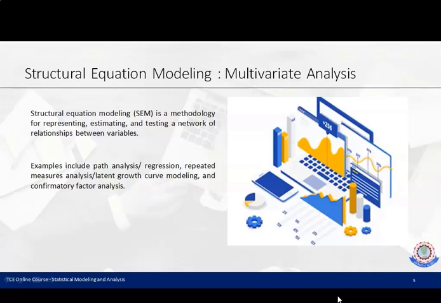So possible examples include regression analysis, repeated measure analysis and confirmatory factor analysis. So these are the methods that possibly focus on SEM for determining the relationship that exists among more than one predefined variable.